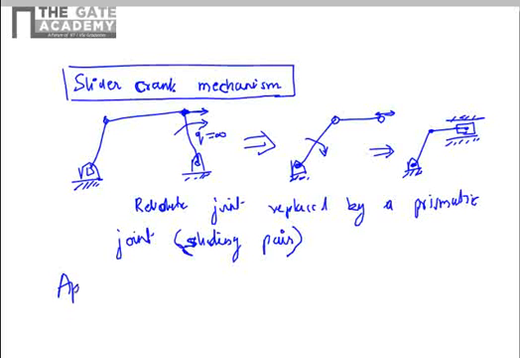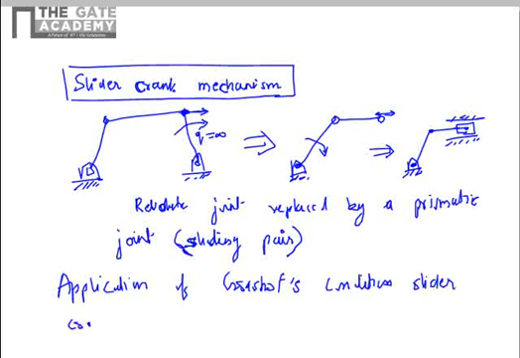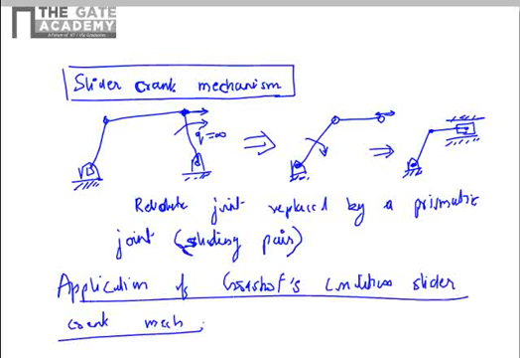Now, if you apply the Grashof condition to the sliding pair, you can get two varieties of the slider crank mechanism. If you recall our earlier discussion, the Grashof condition classifies the mechanism by the ratio of the lengths of the links.